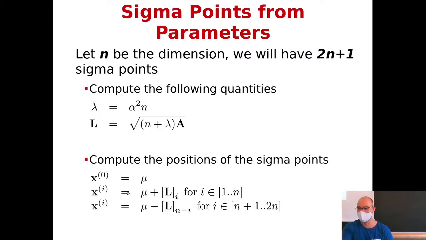So you have the mean, and then for the sigma points between 1 and n, you take the mean and you sum to it the first column, the second column, the third column, the fourth column, and this way you generate the first n sigma points. And then you do the opposite operation. You take the mean and then you subtract the same vector.